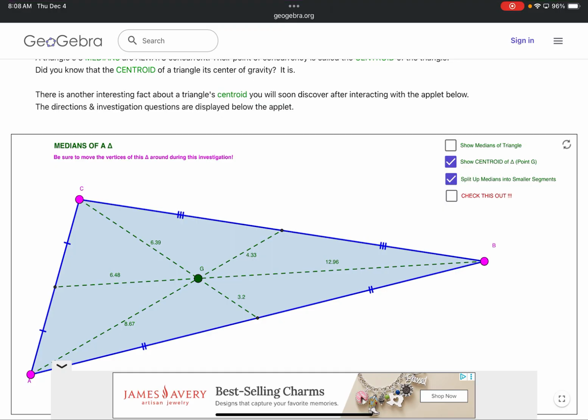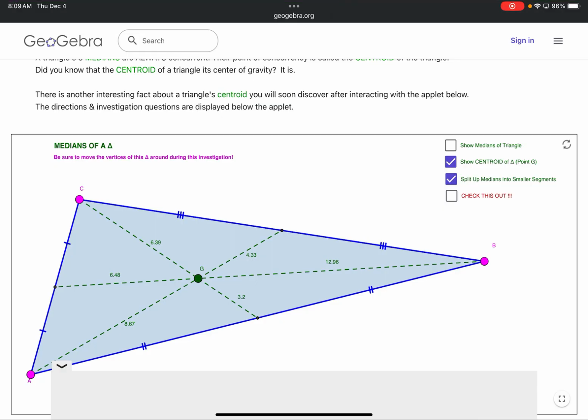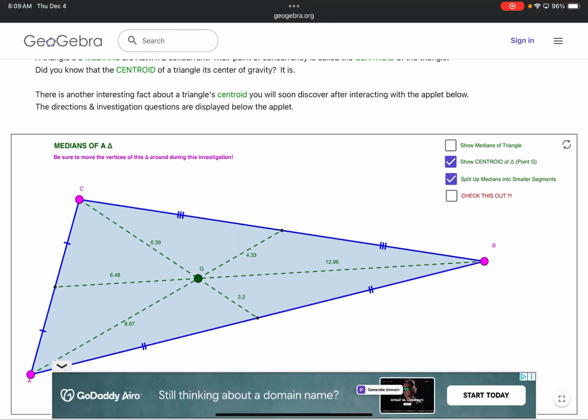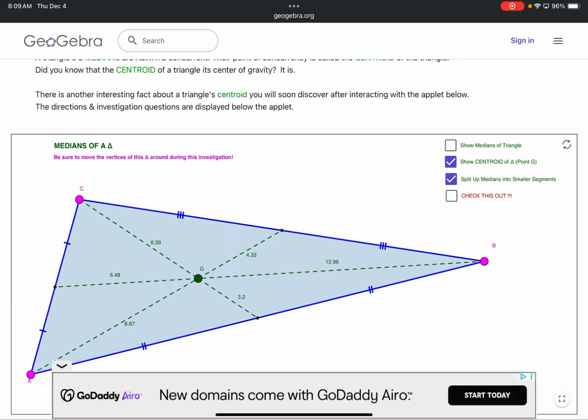More specifically, here's a median. One of its chunks, its pieces, is 3.2, and the other piece is 6.4. What's the relationship between 3.2 and 6.4? It's half. 3.2 is half of 6.4.